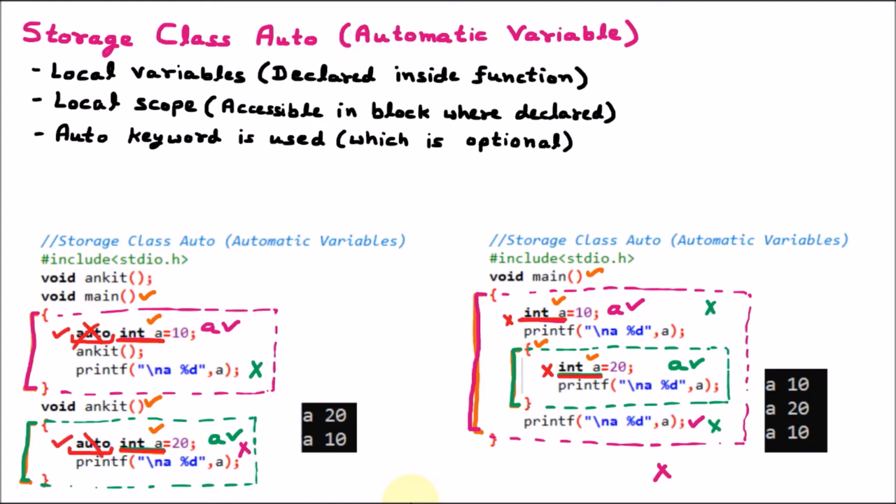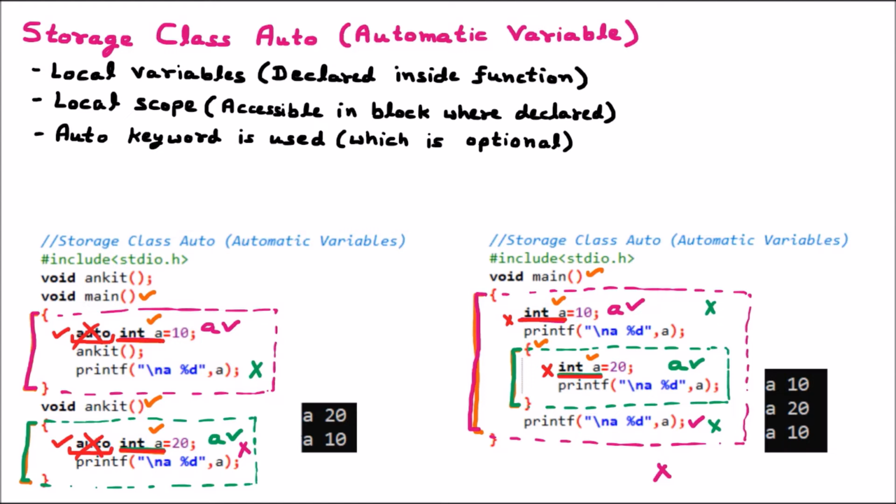If you do not provide auto, both are the same. So here the auto keyword is optional. If you are defining or declaring a variable inside a function, that is a local variable. Whether you want to provide auto before that or not is totally up to you, because that is part of the automatic variable. So here auto is optional.